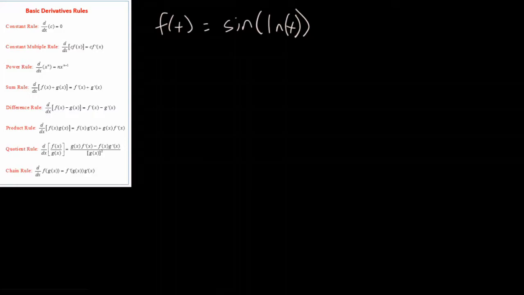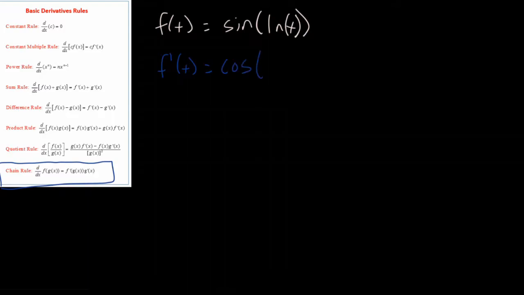So what we're going to do here is remember the chain rule that we have here. We have to take the derivative of the outside and then take the derivative of the inside multiplied by that. But you have to keep the original inside the first time, and you'll see what I mean in a second. Most of you probably already know this, but it gets a little weird with logarithms sometimes. It trips people up. So here we have sine of ln of x. The derivative of sine is cosine.